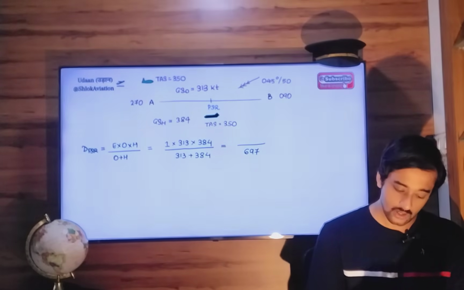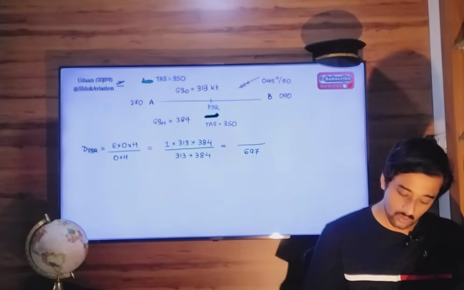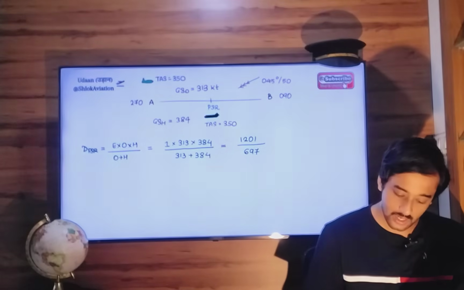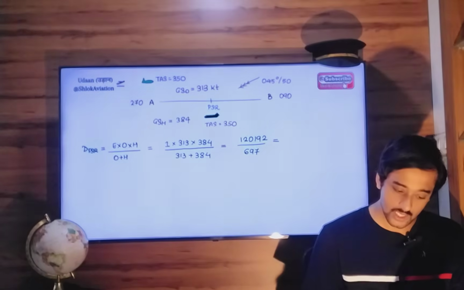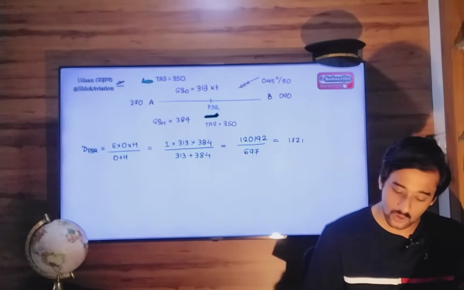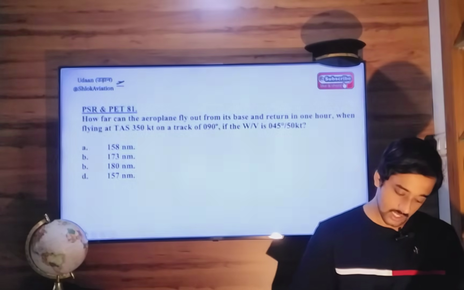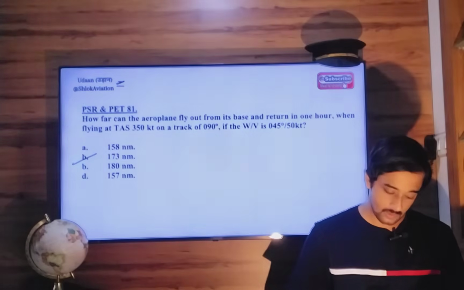Numerator 313 into 384, 120,192. This gives us a value of 172 nautical miles. So option Bravo.